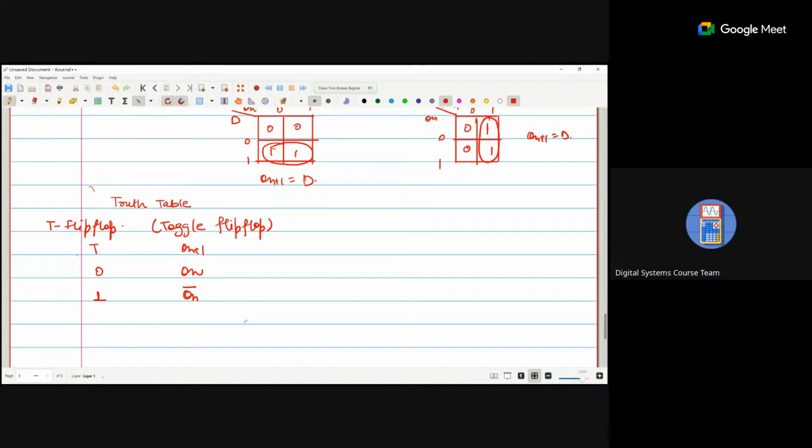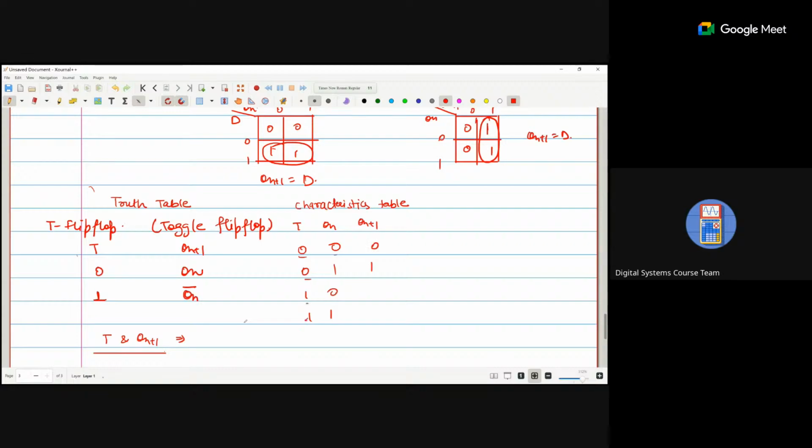Now I have to find a relation between T and Qn plus 1, which you can't derive from this. For that, we require the characteristics table. So T and Qn are the inputs, Qn plus 1 is the output: 0, 0, 0, 1, 1. When T is 0, save.